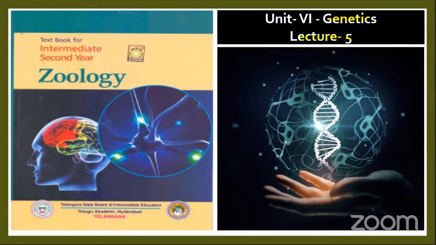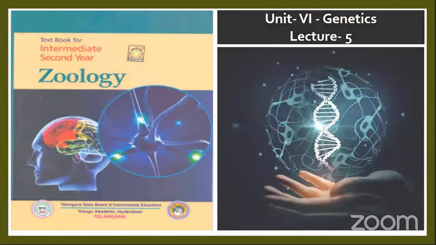You have to understand the basic concepts of genetics before going to the next class. That's why go through the previous classes before attending this class. This is from your second year zoology textbook, lecture 5 of genetics, sixth chapter. Let us begin the class.